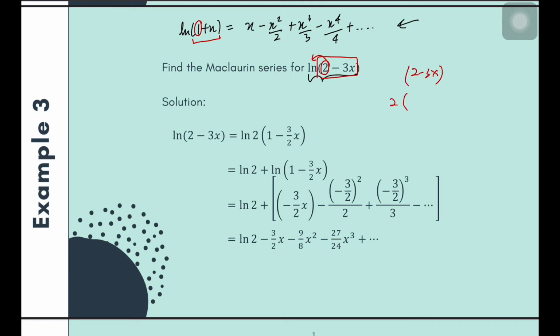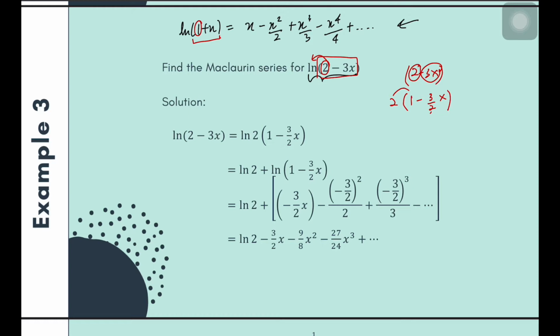When you take out 2, you are left with 1, because 2 times 1 gives 2. What times 2 gives 3? The answer is 3/2 x, because 3/2 times 2 gives 3. So when we take out 2, inside the bracket we are left with 1 − 3/2 x.